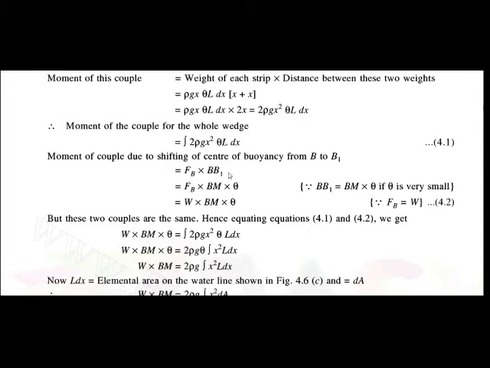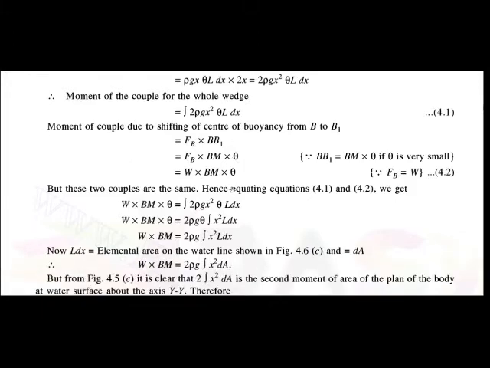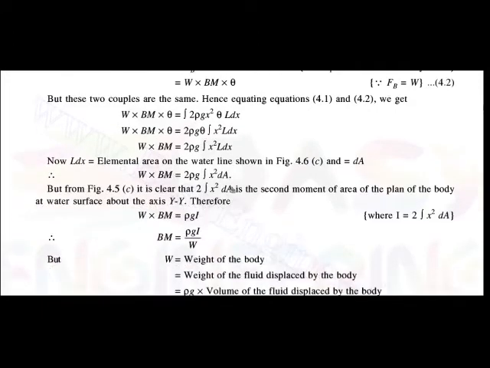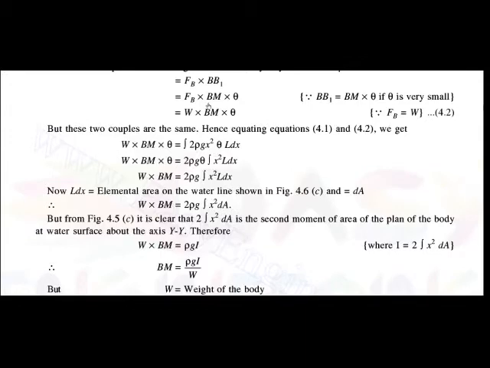But BB1 is equal to BM into theta, because theta is very small. So we can write AB into BM into theta. We also know that the force of buoyancy is equal to the weight of the body, W, so AB is equal to W.